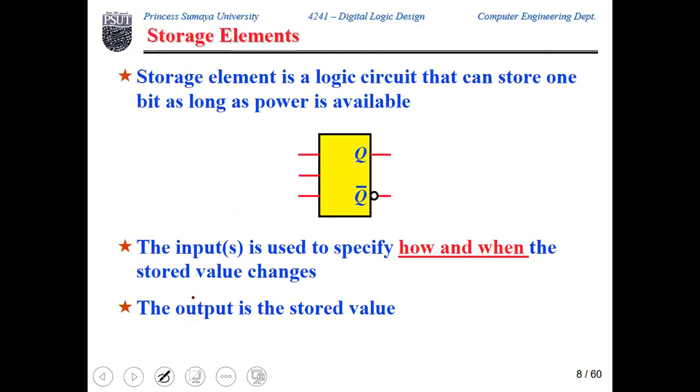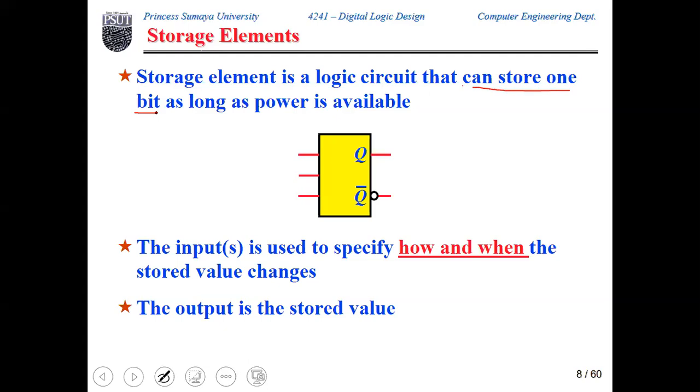So a storage element basically is a logic circuit. We will see shortly that a storage element is nothing more than a logic circuit that can store 1 bit. So each storage element can store 1 bit. If you want to store more than 1 bit, you need to use more than 1 storage element.